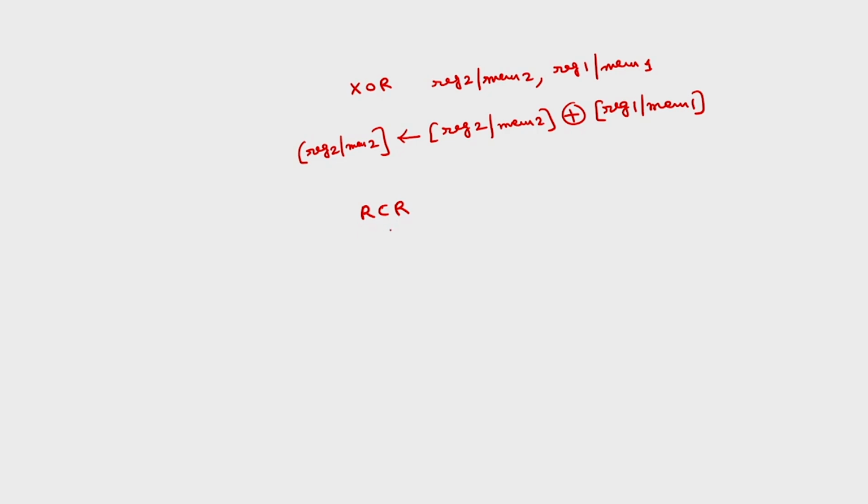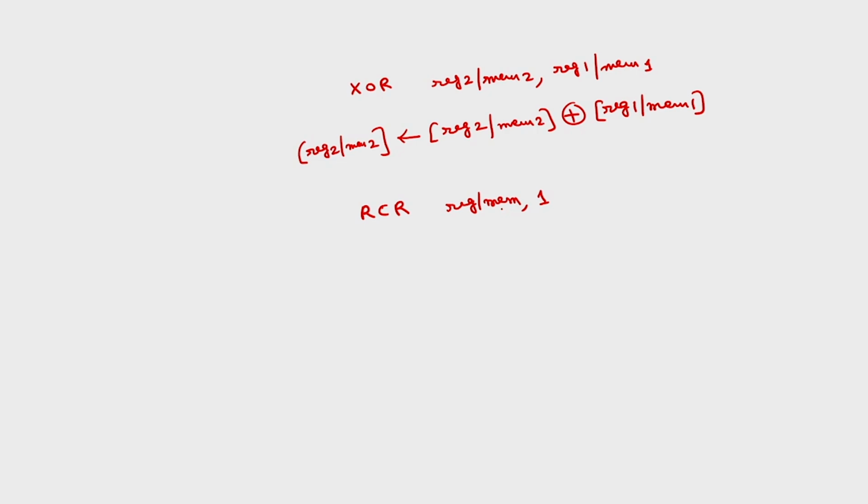The general format of this rotate instruction is RCR, after that we specify register/memory comma 1. If I want to rotate by 1 bit position, we have to specify this one. And which contents has to be rotated? Contents of either register or memory. Again, this register can be 8 bit or 16 bit register, memory can be byte or word.